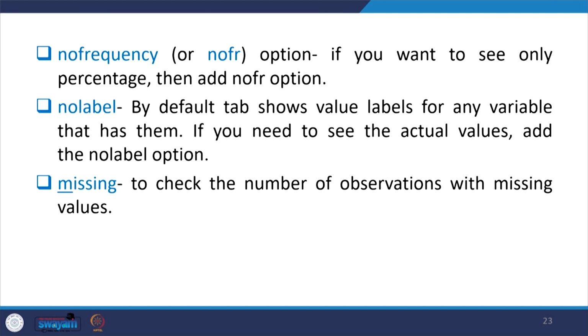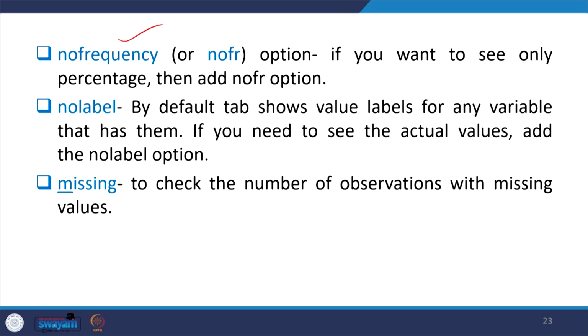So, the frequency command and its details we explained already through operation. Then the second one is called nolabel. By default, tab shows value labels for any variable that has been entered with them.